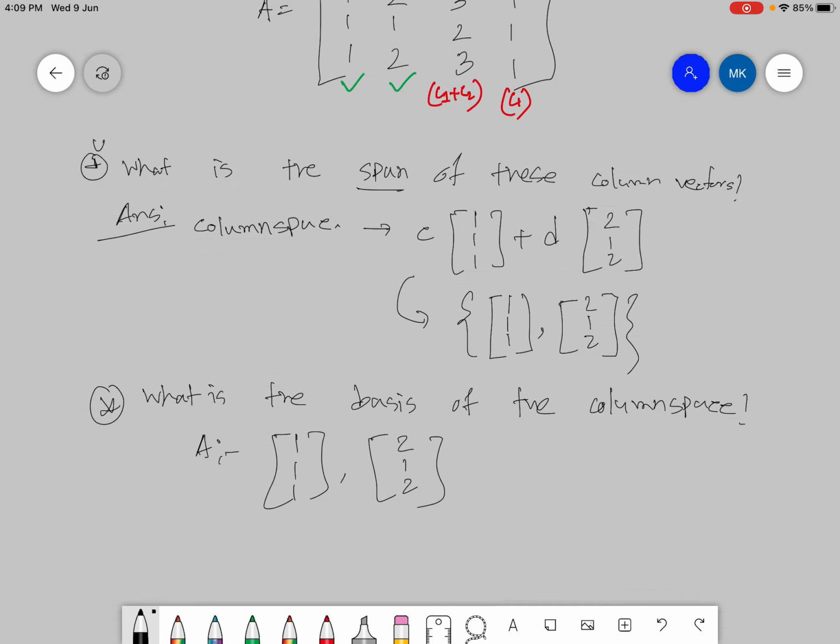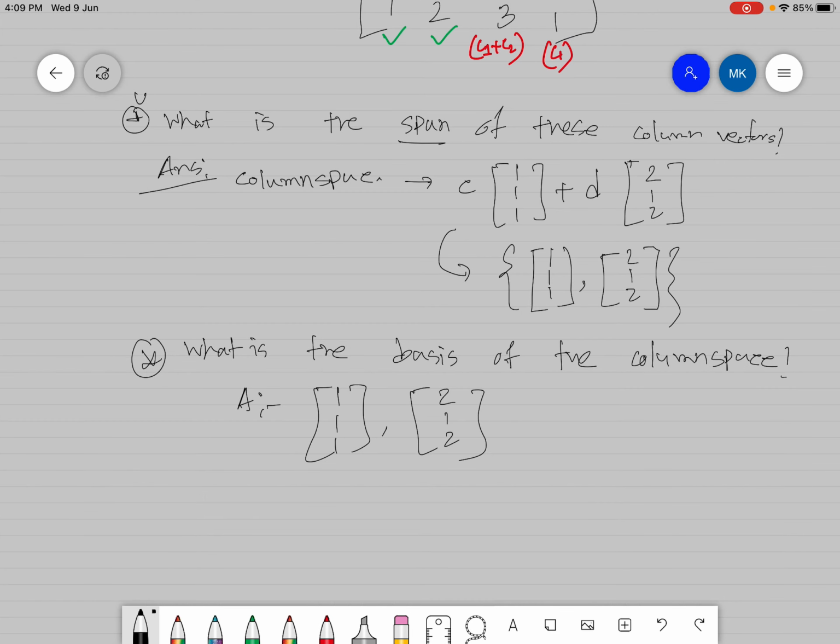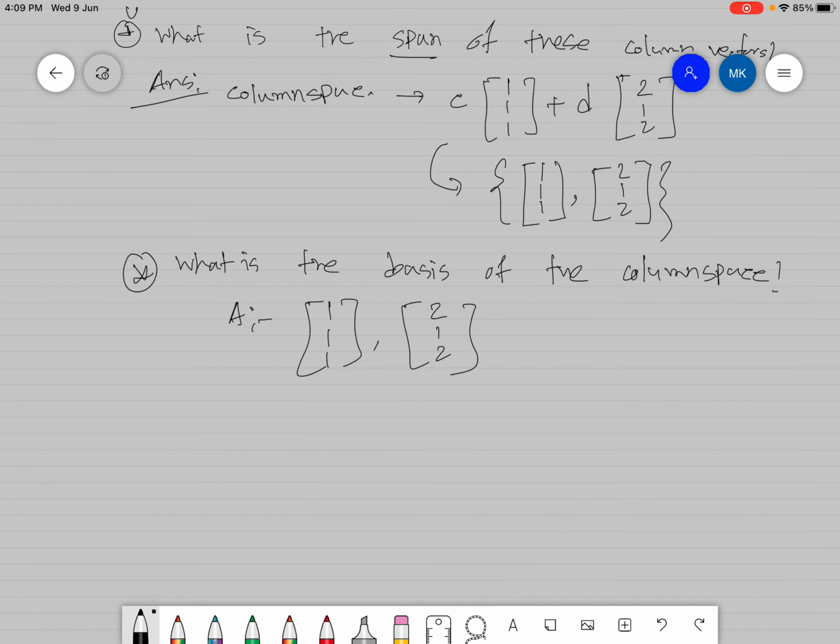These are the two columns that can be addressed as the basis of the column space. The third question is, what is the dimension of the column space? As per the definition, it is the minimum number of vectors that creates the basis, or that can span the whole space. In this case, the space is the column space.